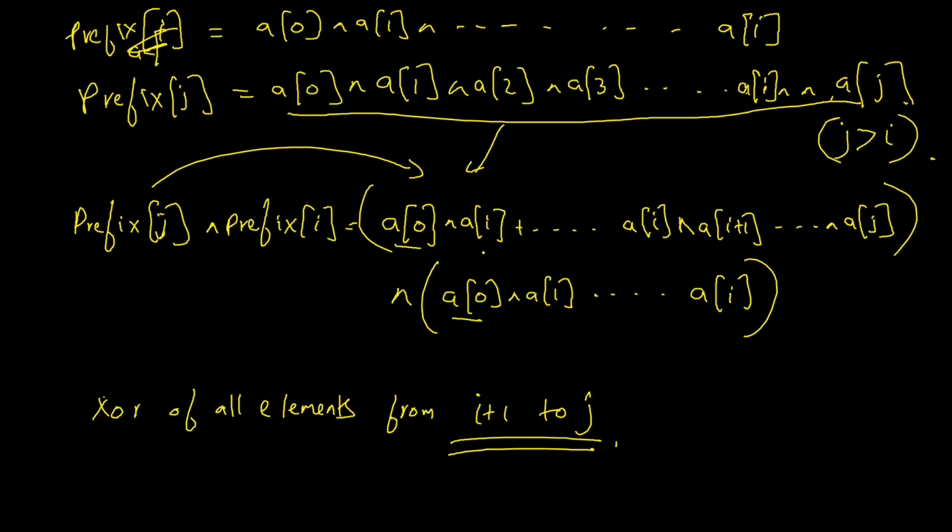So they are kind of cancelling each other till A of I. उसके बाद whatever is left is nothing but A of I plus 1 till J. Correct? So I got the XOR of all the elements from I plus 1 to J.